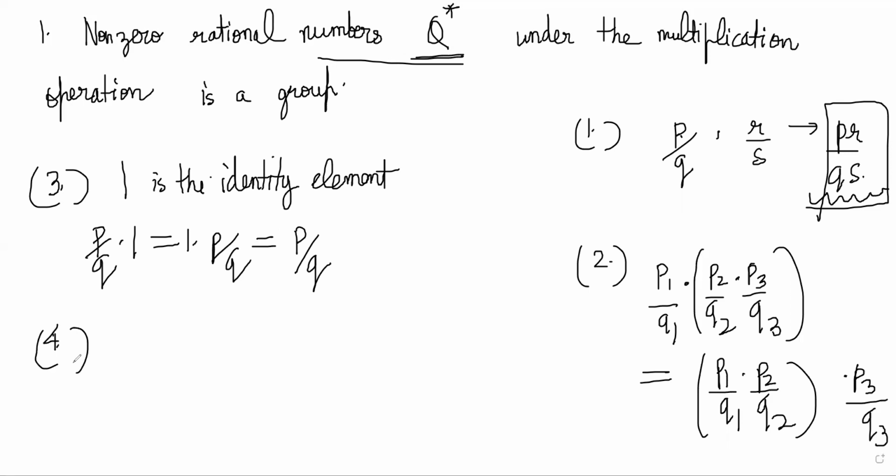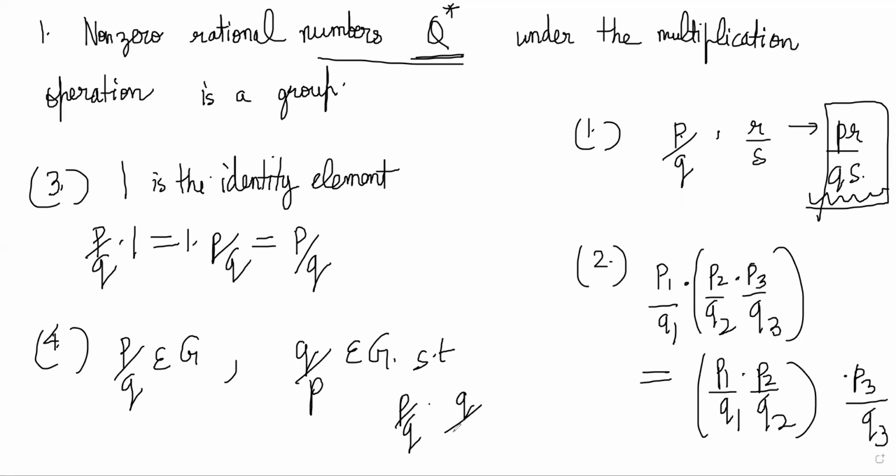And finally, the fourth property: if p/q belongs to G, then there is q/p belonging to G also, such that p/q multiplied by q/p is equal to the identity element 1. So q/p is the inverse of any rational number which is non-zero. Since it is a non-zero rational number, you can invert it without worrying about p becoming 0 in the denominator.